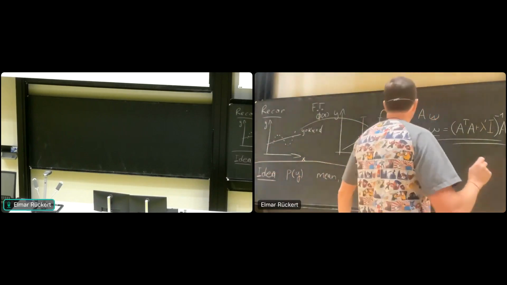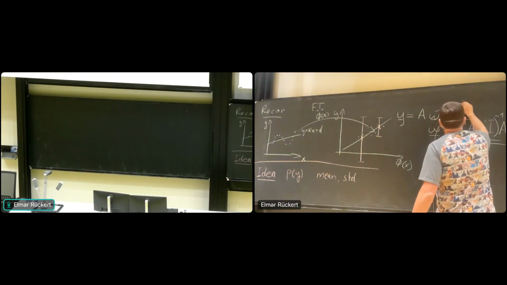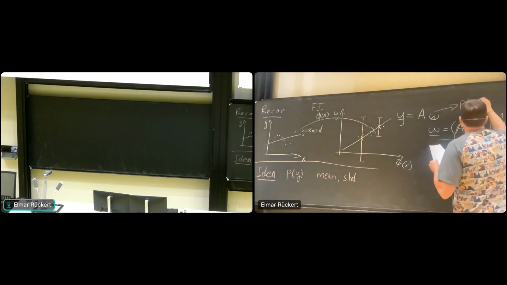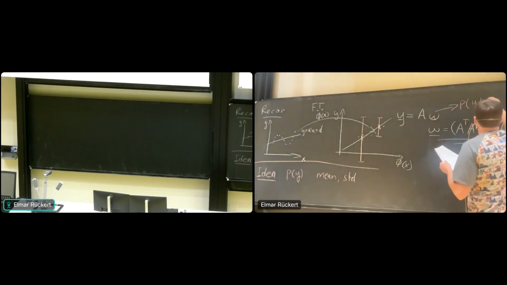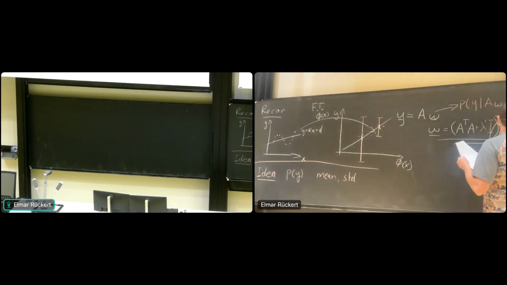So we turn our deterministic model into a probabilistic model where we have P of y, given some AW and some uncertainty.